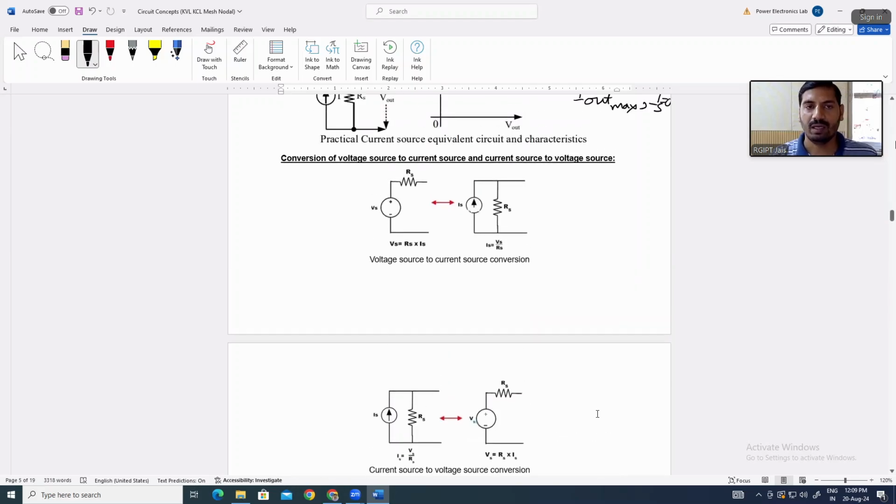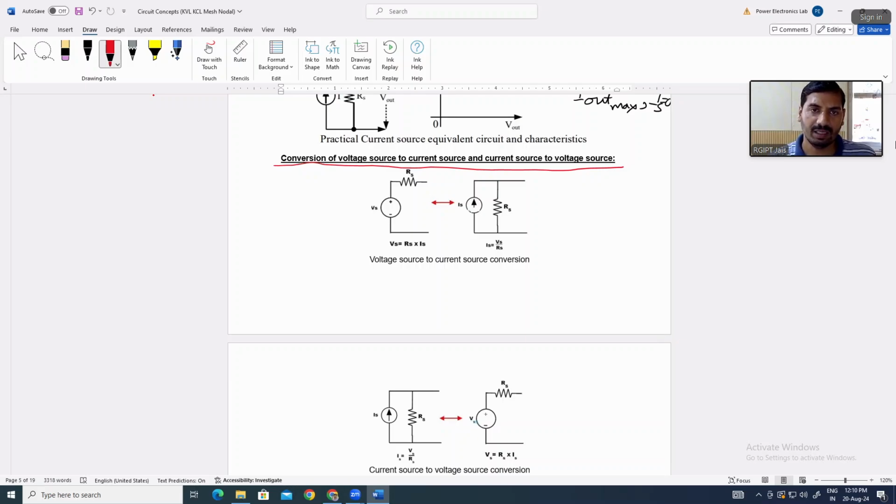Now, another thing which is very important is conversion of voltage source to current source and current source to voltage source. Source conversion means we can convert a voltage source into a current source and a current source into a voltage source, but the condition must be fulfilled.